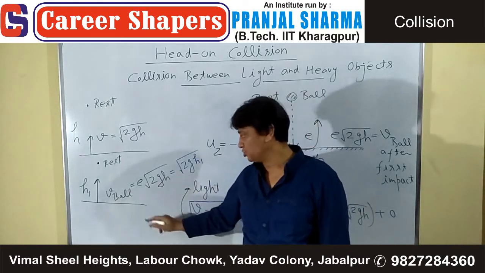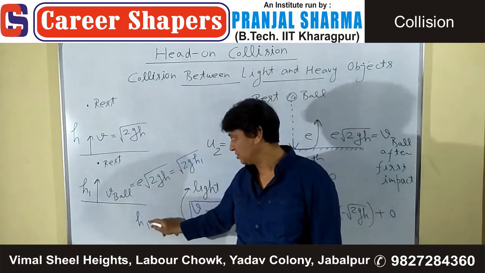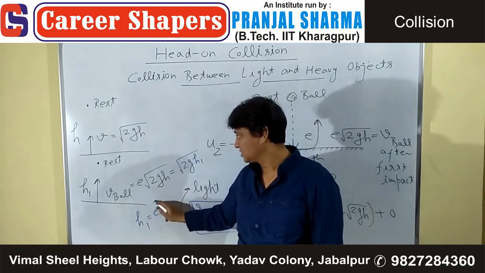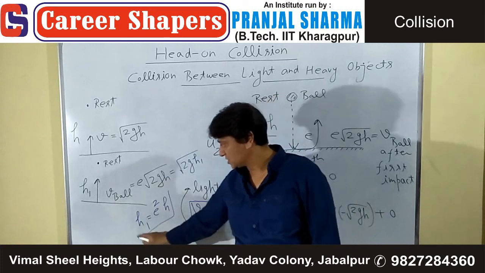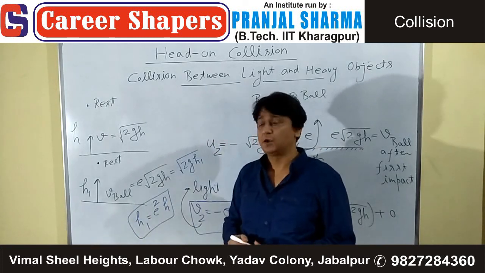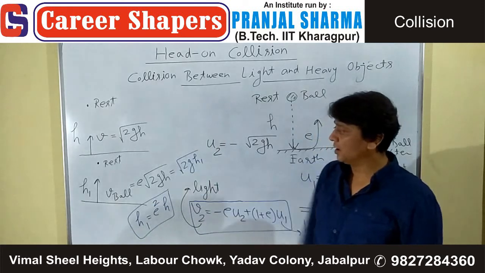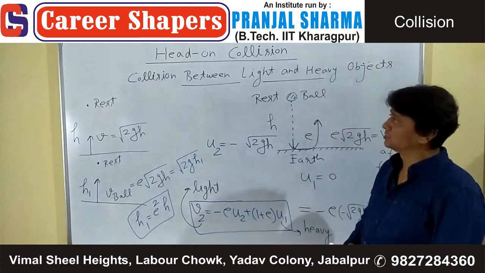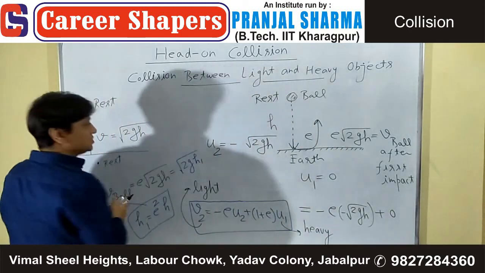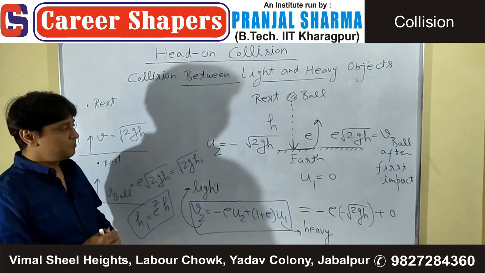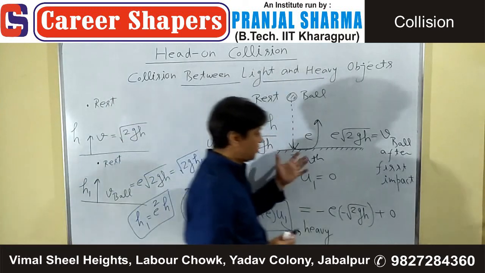Cancel 2g and 2g and you get h1 as e square multiplied by h. This is the height of the ball after first bounce. Hopefully you have understood how we handled this. Note down everything.